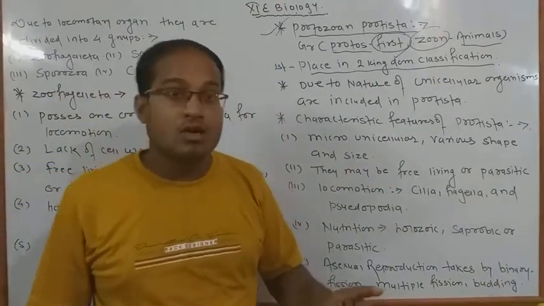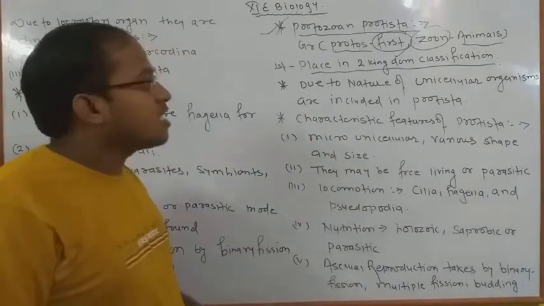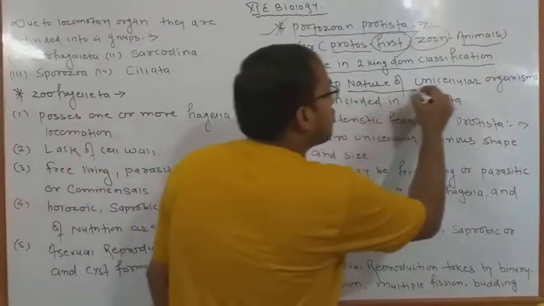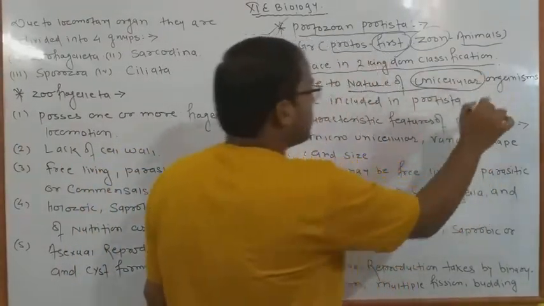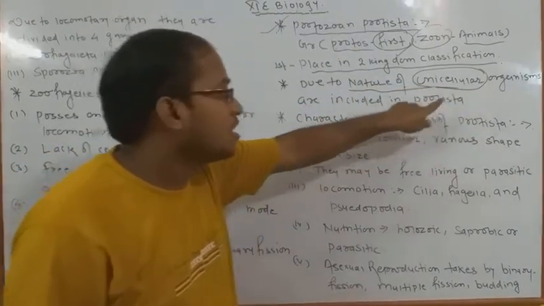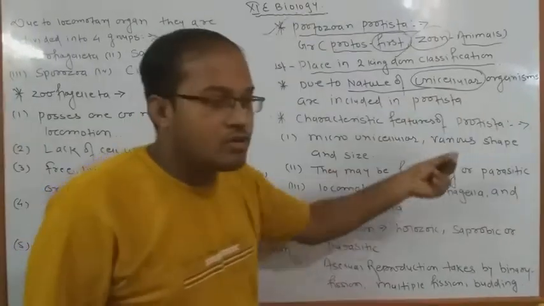But later on, when more scientists developed and gave their scientific view according to the nature of unicellular organisms, they realised, why? Because protozoan protistas are unicellular organisms. They are further included in protista.